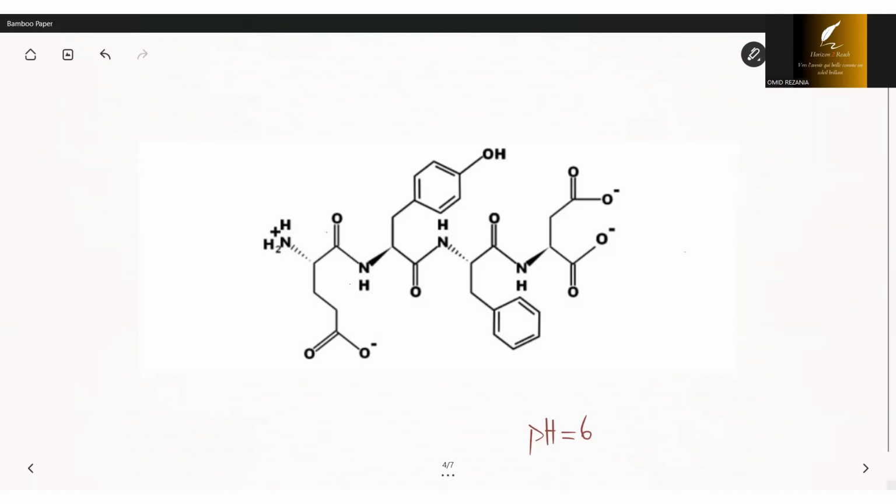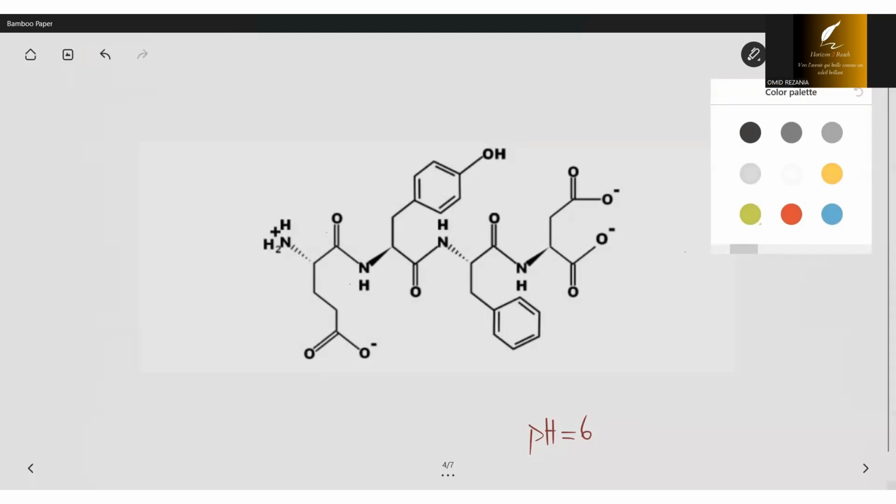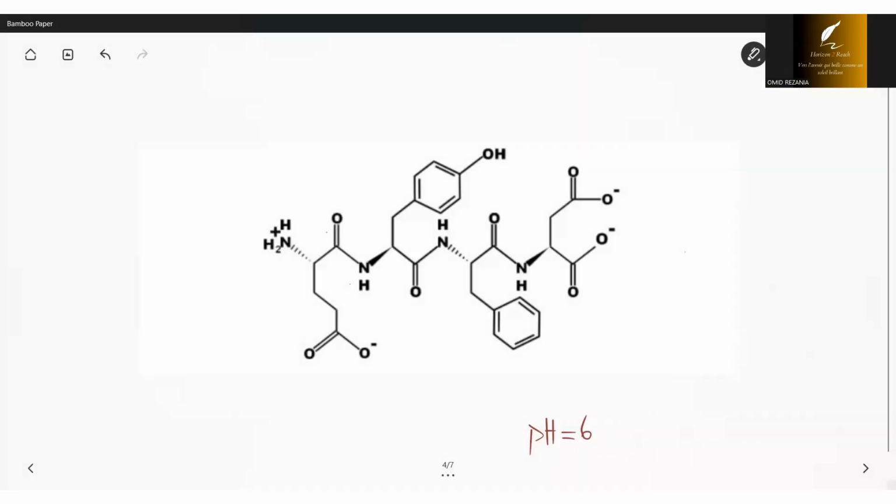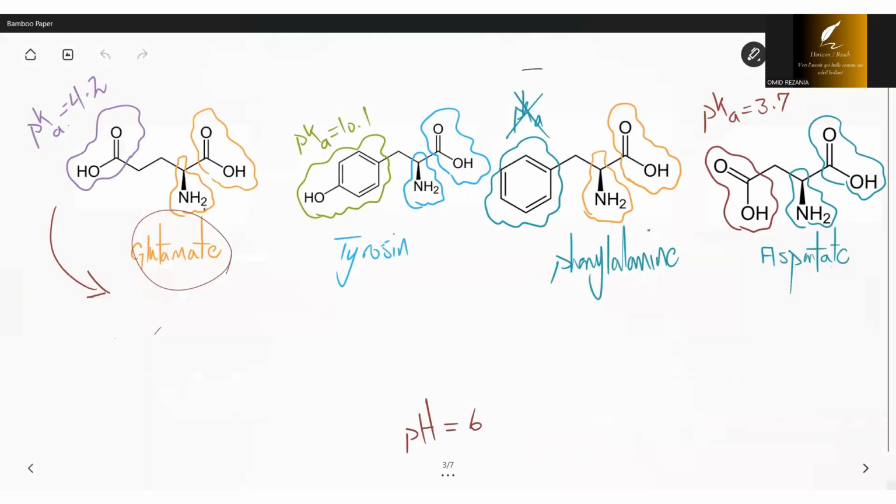Now, for the first one from the left, it was what? Glutamate.